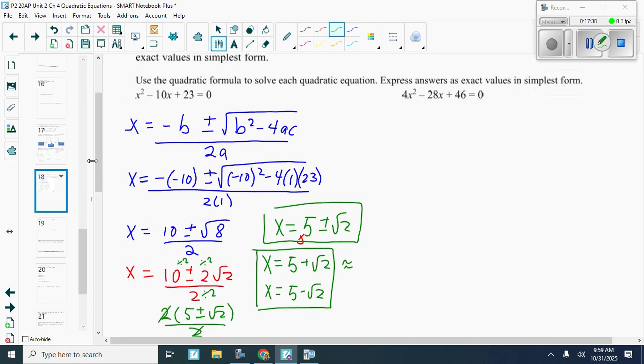So the steps that we did, I'm just going to write the steps here on the side. First, you write out your formula, then you substitute. You do your discriminant first. Then you simplify the details.